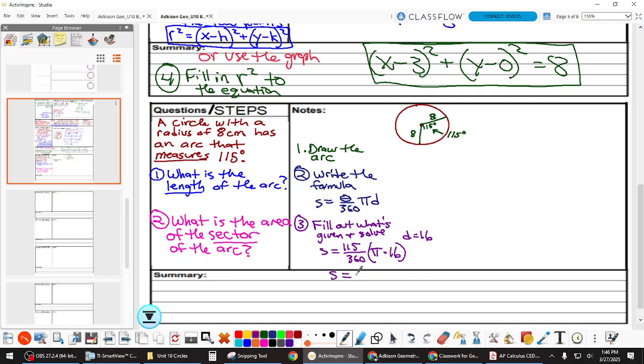Okay. When you get that, Bailey, what do you say? You got 16 right on the nose? It's really close, because this is roughly a third. Yeah, 16.05. Okay, let's do it. We'll call it 16.1 centimeters is the length.